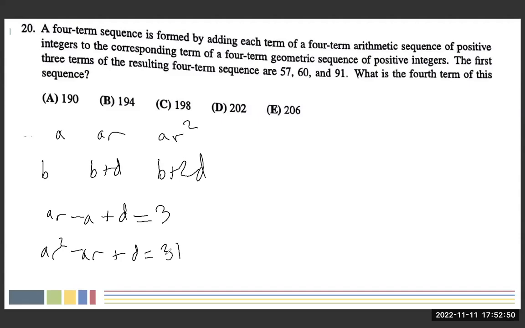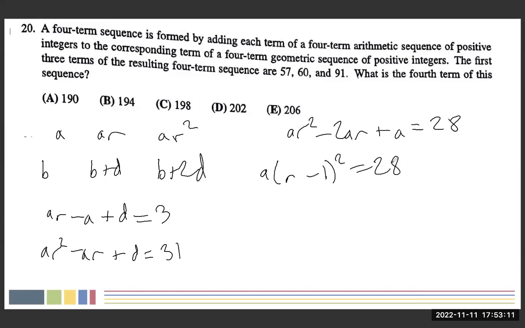Now we can do something really clever: subtract this equation from this equation and get AR squared minus 2AR plus A is equal to 28. This is very clever because it factors as A times R minus 1 squared is equal to 28. And this already gives us very few solutions, right?